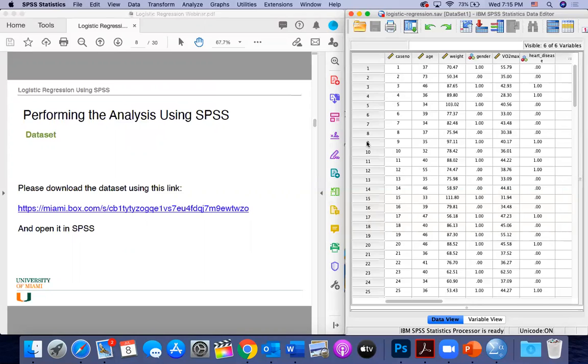I can see a few people said that they got it and opened it as well. Let's just give a couple of minutes.